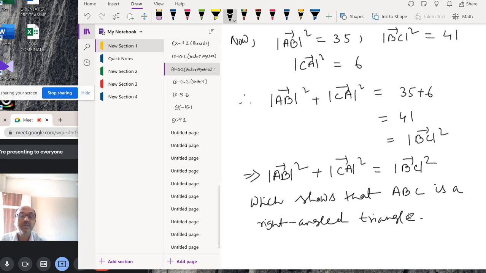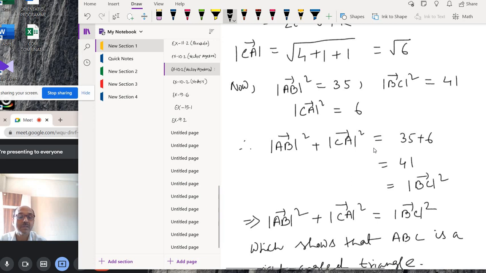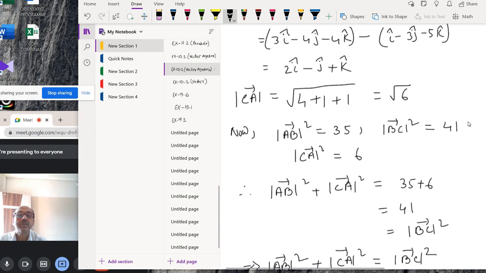Okay, so this is the Pythagoras theorem: AB square plus CA square equal to BC square. So it is a right angle triangle. This proves it. Thank you.